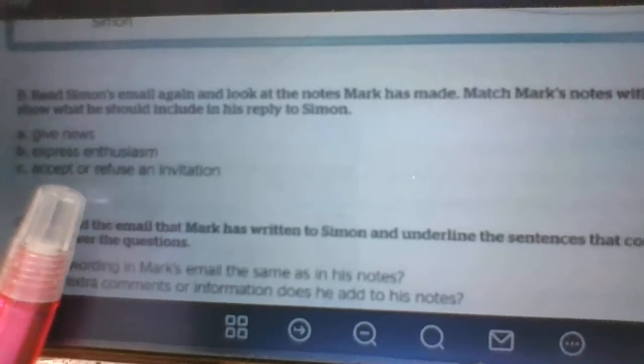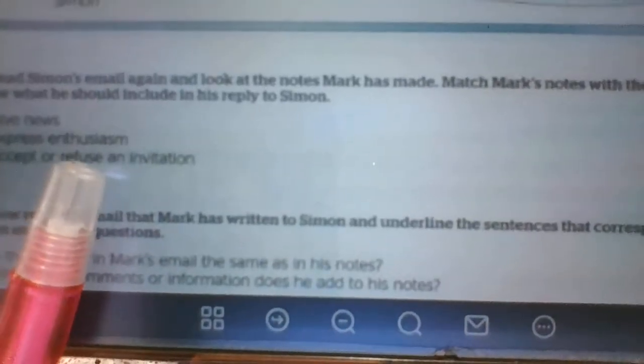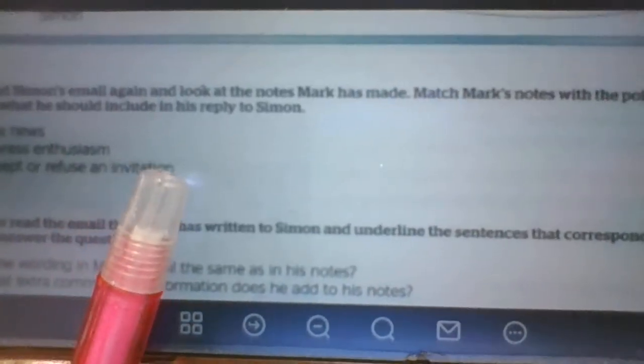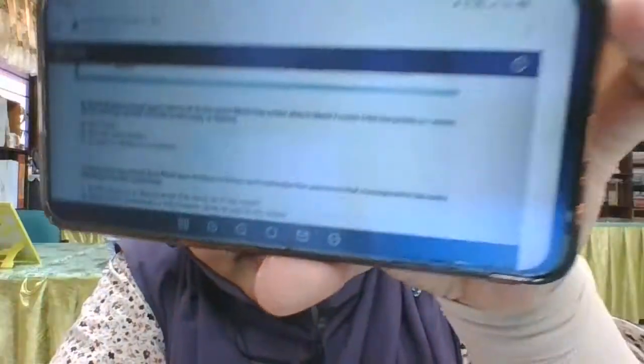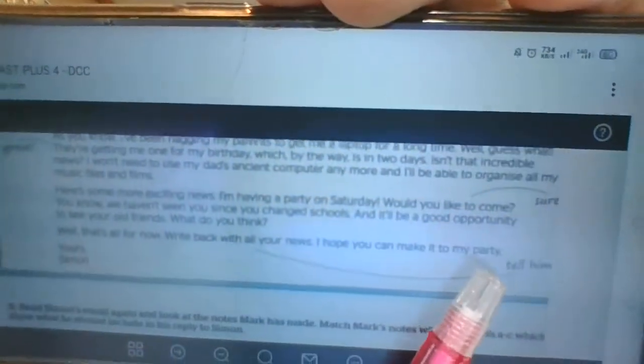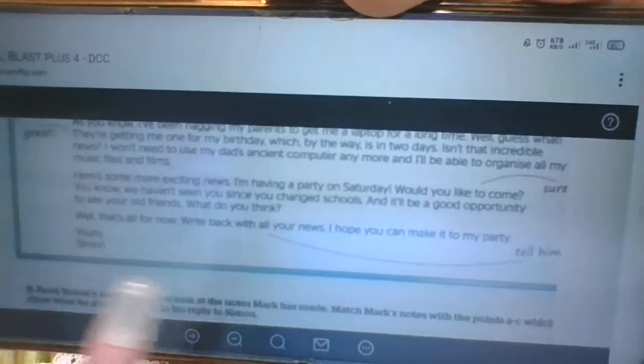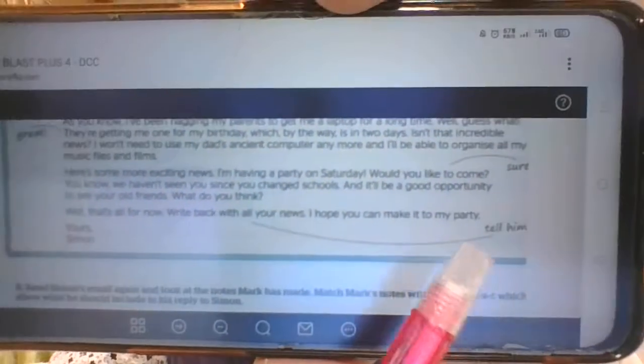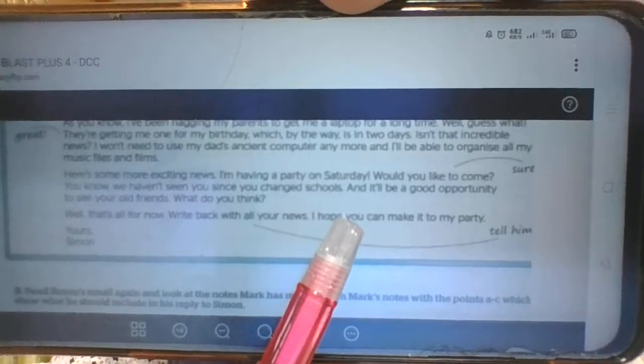C. Accept or refuse an invitation. So where is C? Okay, it is here. Tell him. So Mark needs to tell Simon to accept or refuse. Refuse means don't want, refuse.